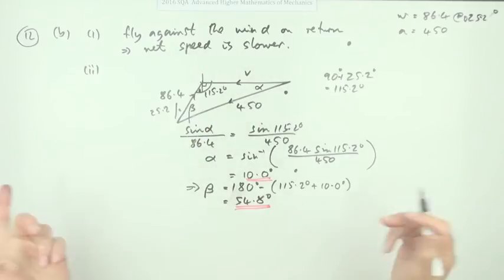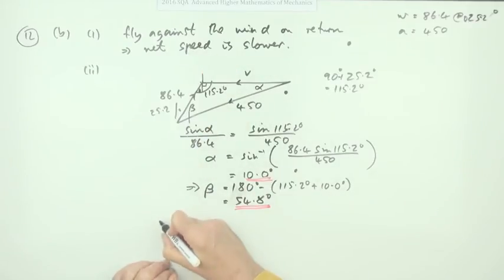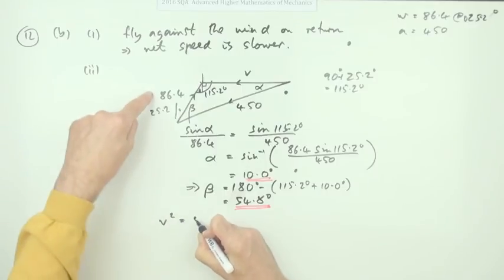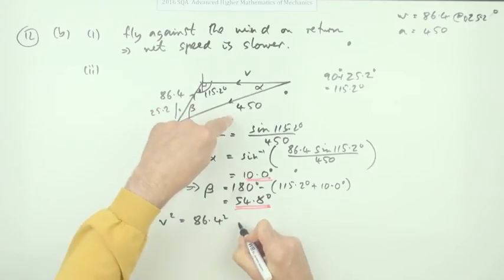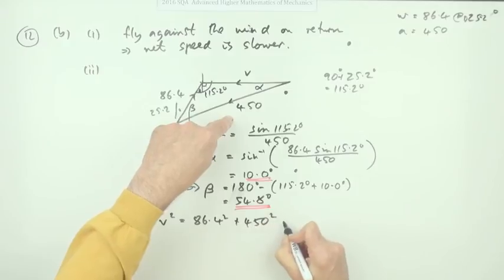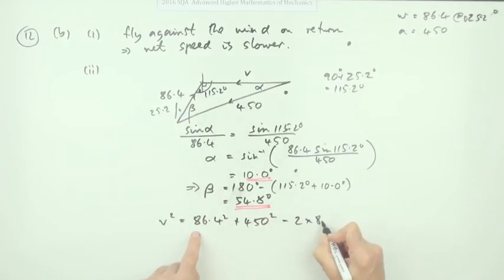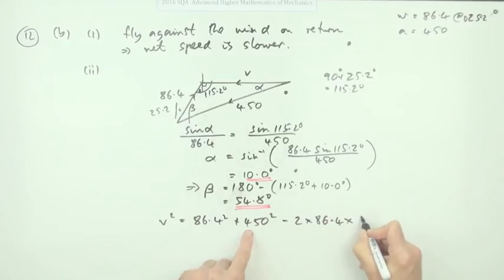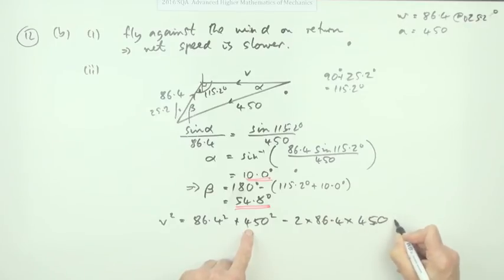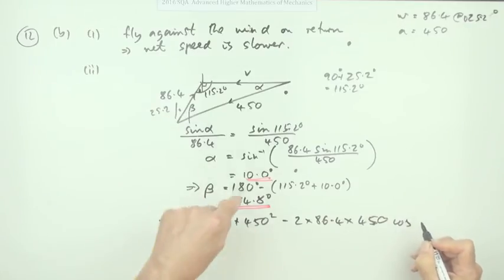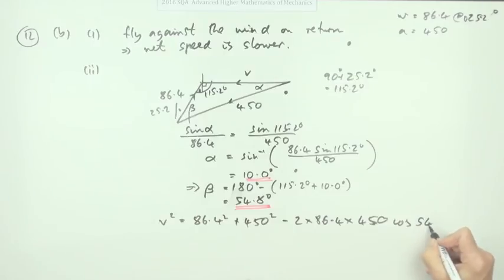So to get the speed, you could use the sine rule, or you could just go in with the cosine rule. V squared would be 86.4 squared plus 450 squared minus 2 times them times the cosine of the angle in between, which you've now worked out to be 54.8 degrees.